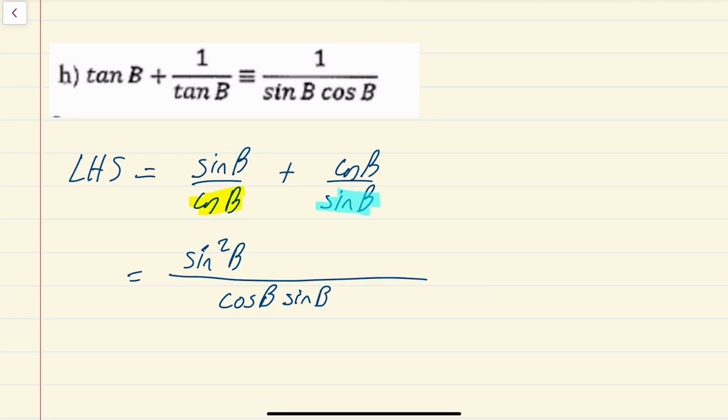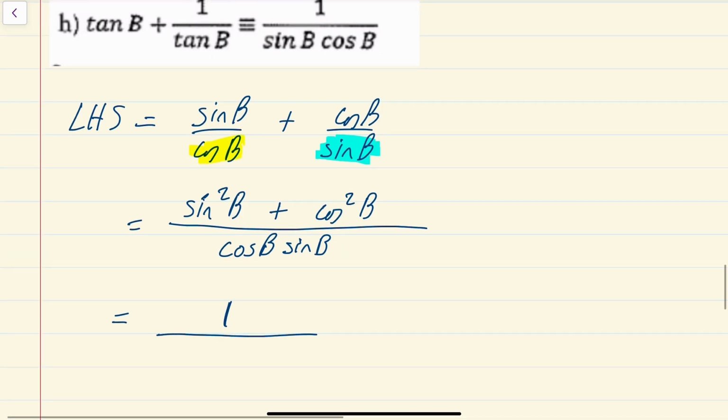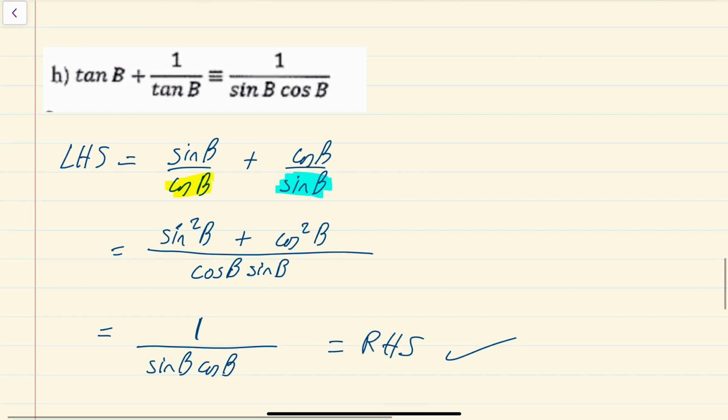How did I get this denominator to become cos b sine b? I needed to multiply it by cos b, so its numerator becomes cos squared b. And then on the top line you've got sine squared plus cos squared, which is just 1. And the bottom line, rewrite it as just sine b cos b. And then that equals the right hand side. So we know we've got it right.